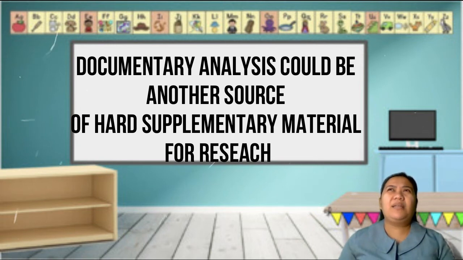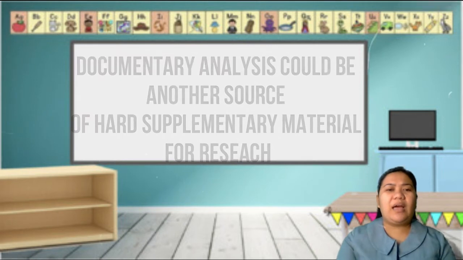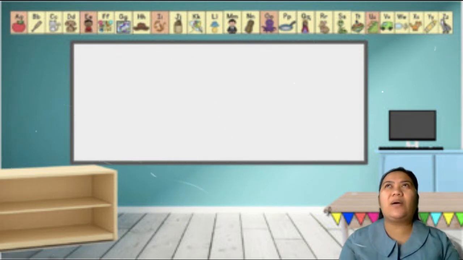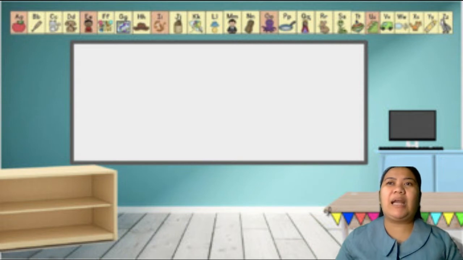That might give you some constraints in finishing your research. So with that, documentary analysis, or keeping records. When we speak of documentary analysis, one way of it is actually keeping records, keeping track of the evidences.